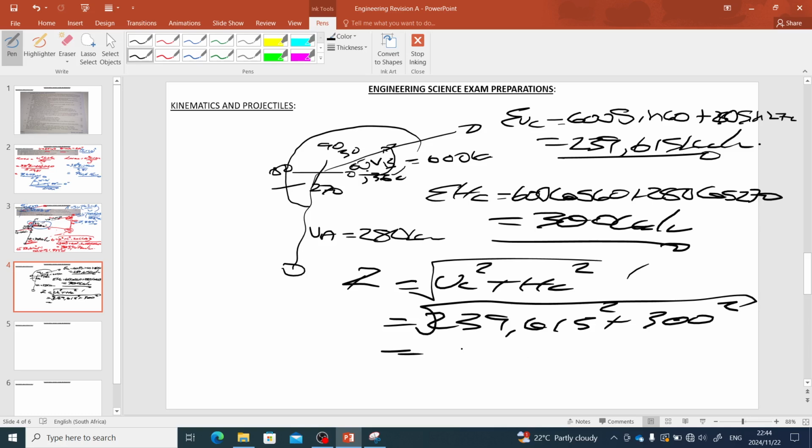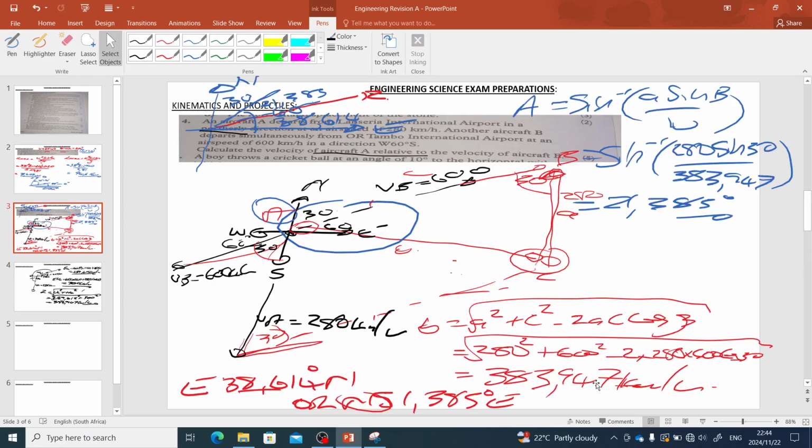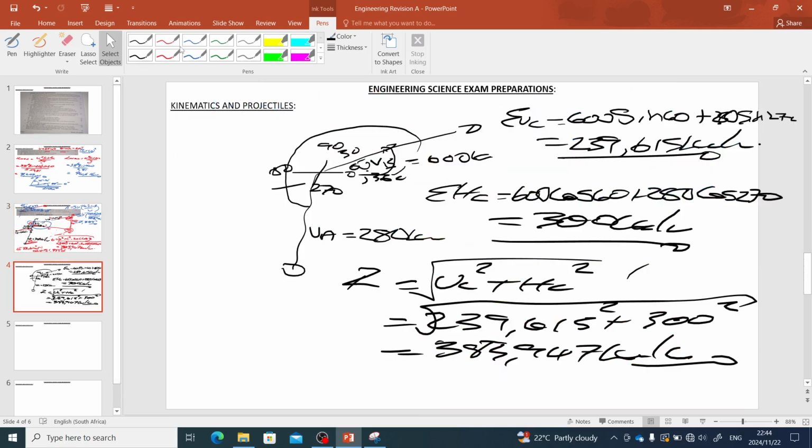The answer that we got is 383,947 kilometers per hour. It's exactly the same answer as the one that we got when we were using the cosine method. Then when coming to direction, the coefficient of your components will indicate for you where your resultant is.